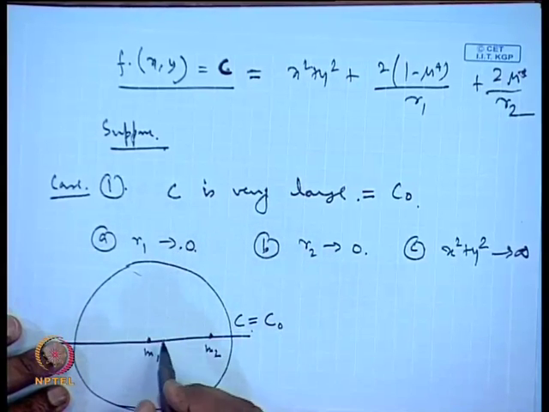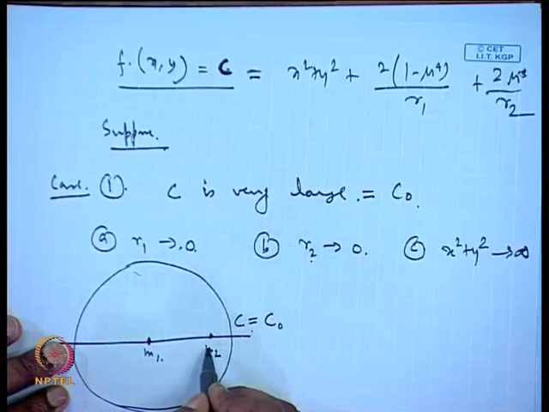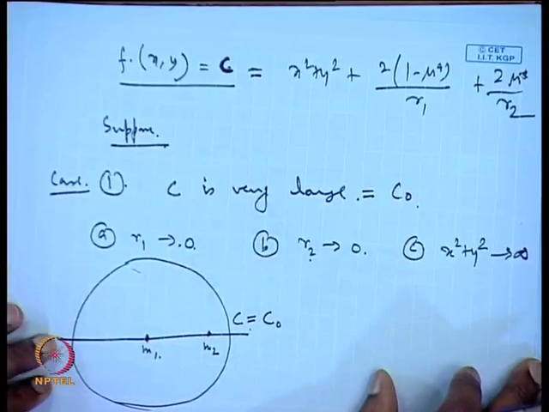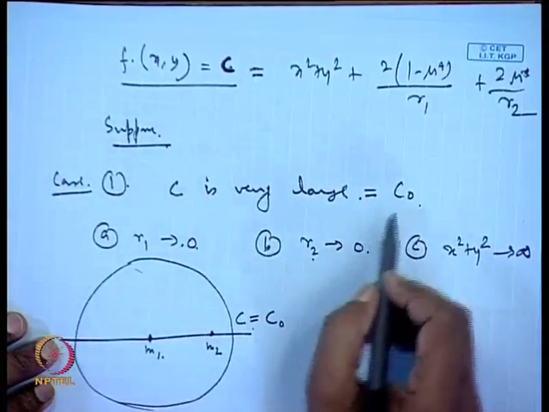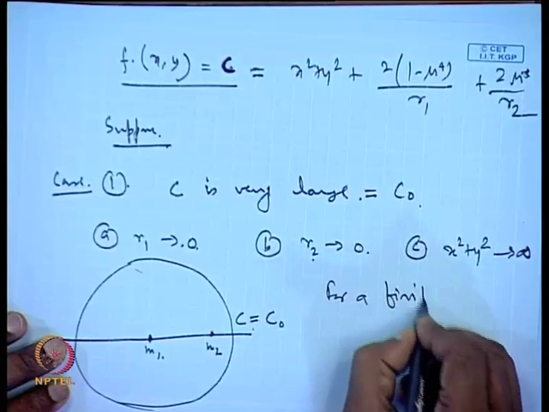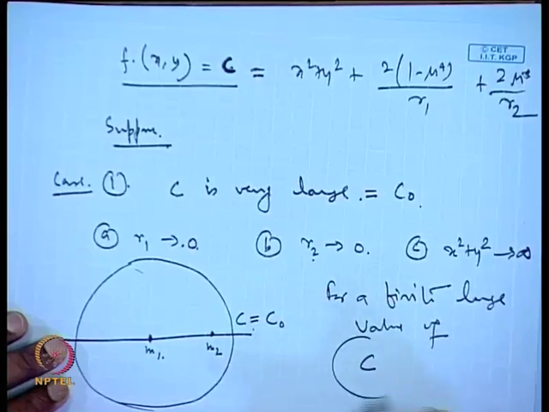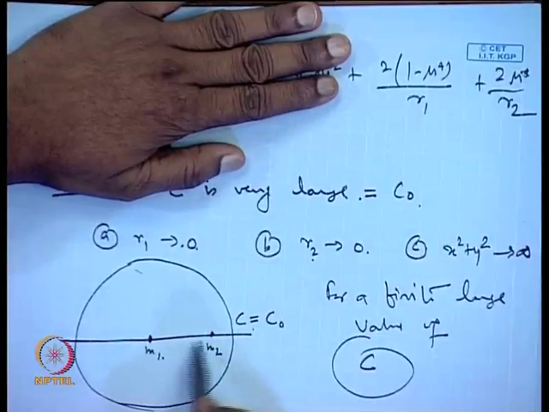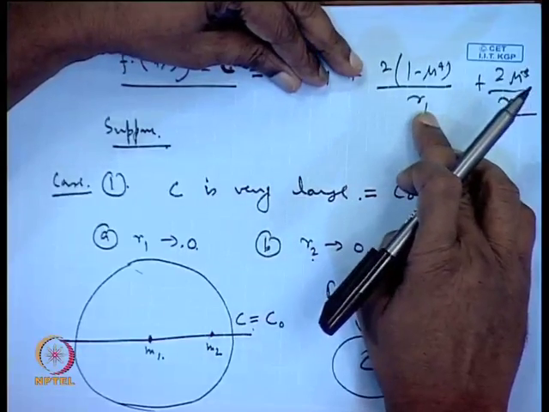If r 1 tends to 0, the point is lying near m 1, and if r 2 tends to 0, the point is lying close to m 2. So for a finite large value of C, the point is either close to this or close to this. Depending on the value of C, the value of r 1 will depend.